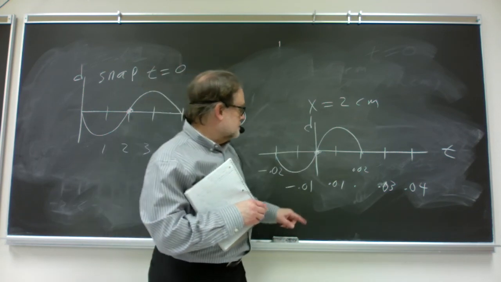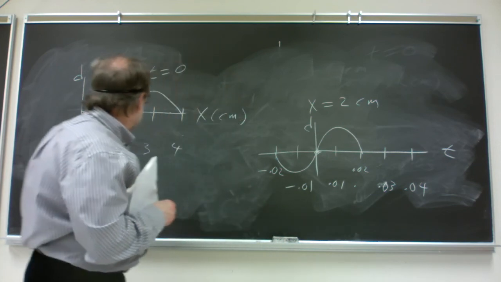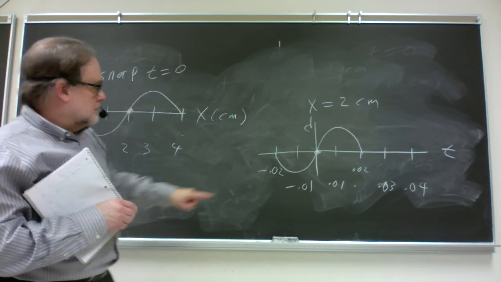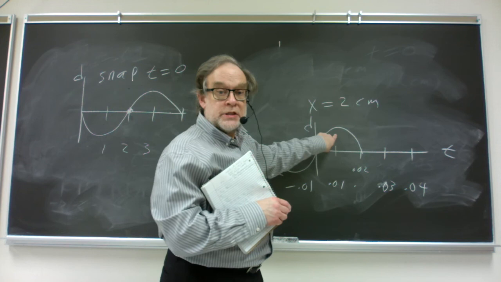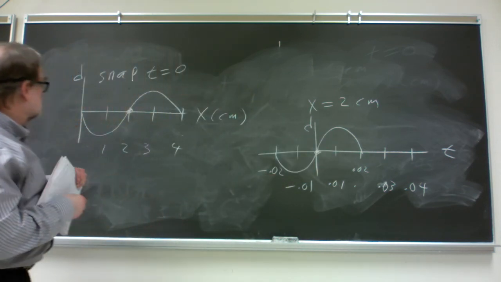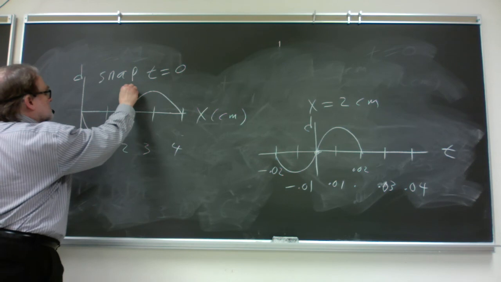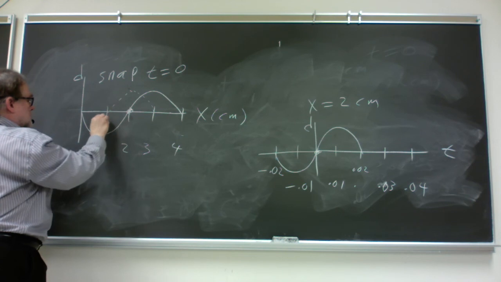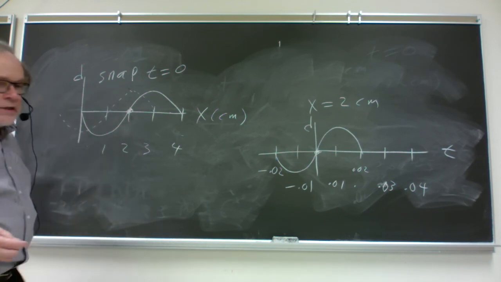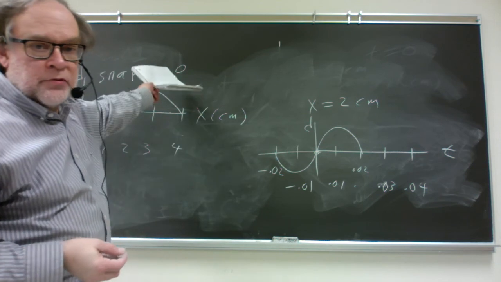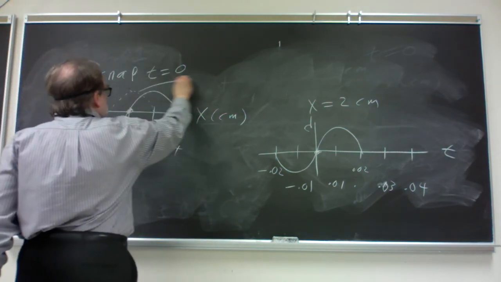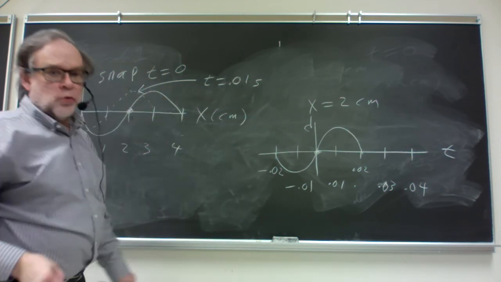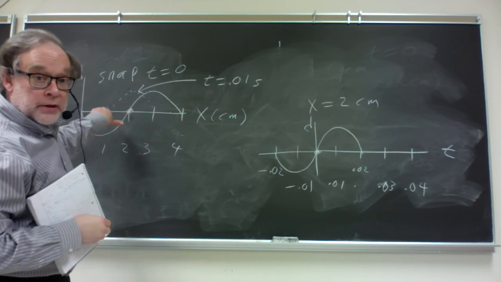So 1/100th of a second after this, the high peak will be passing through. Which means 1/100th of a second after this snapshot, the snapshot would look like this.